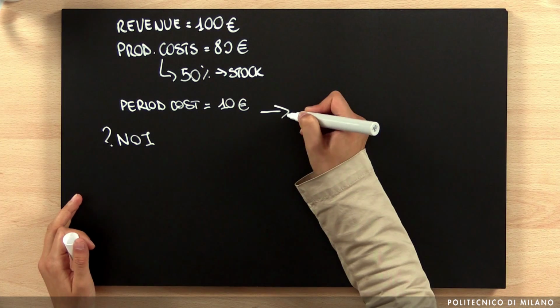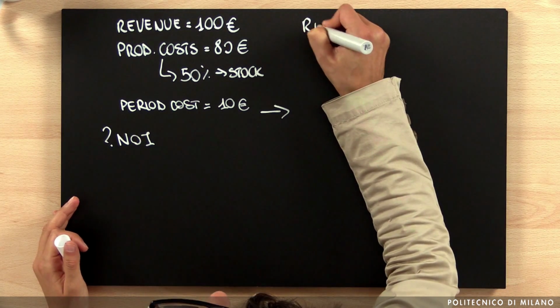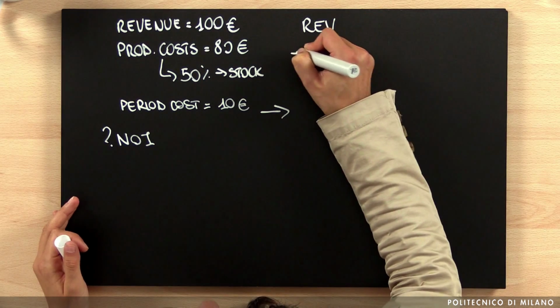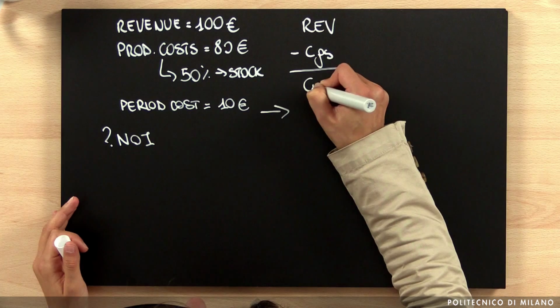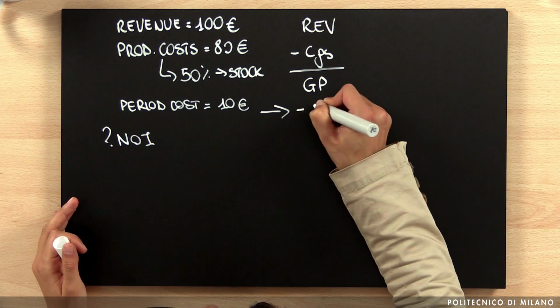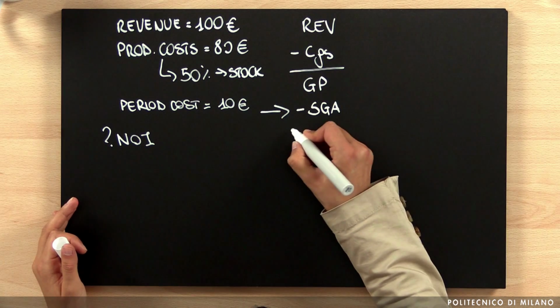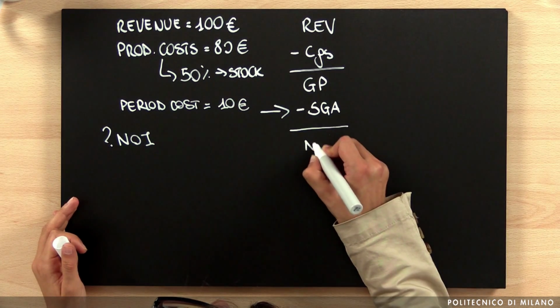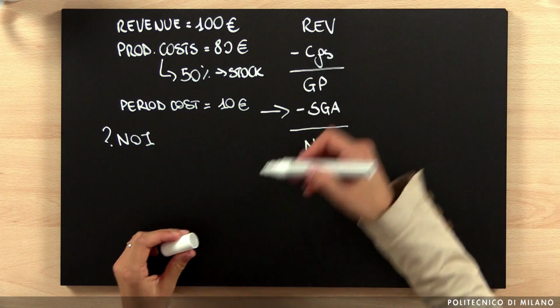Of course, the answer is yes, and we can apply the formula that we know. So we can say revenue minus the cost of goods sold, which is the gross profit, minus the so-called selling, general and administrative expenses, also called period costs, so that we have the net operating income. If we want to calculate this, the starting point is the revenue.